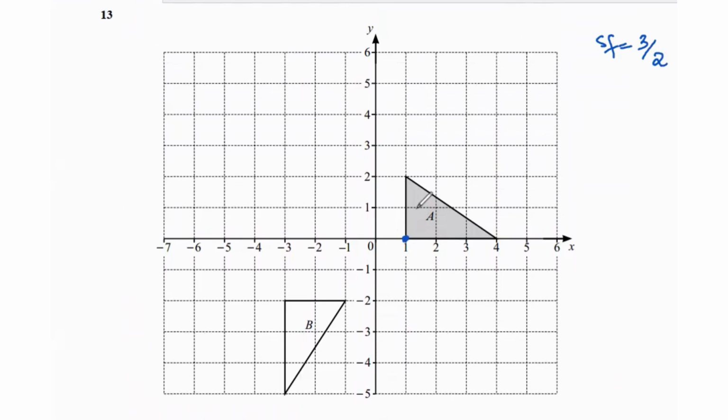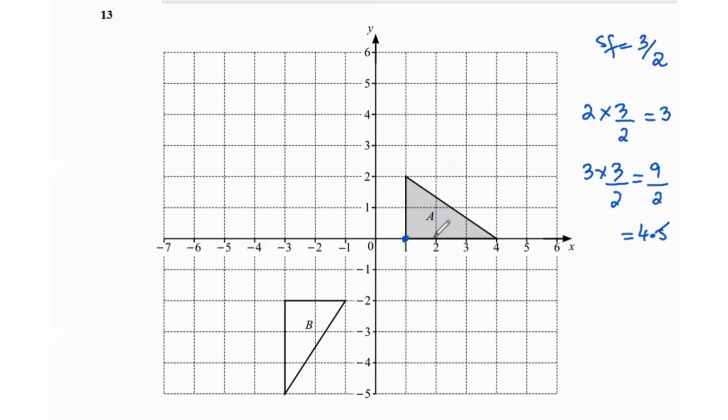So each length is going to be enlarged by the scale factor of 3/2. So for this one, this is 2 units. If we do 2 times 3/2, that's going to give us 3 units. This is 3, so we do 3 times 3/2, that's going to give us 9/2, which is 4.5.